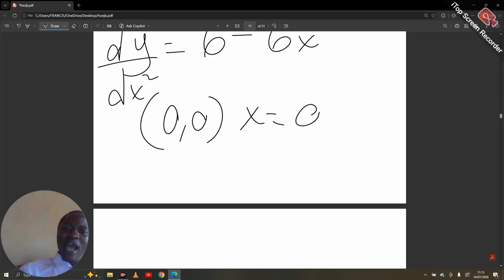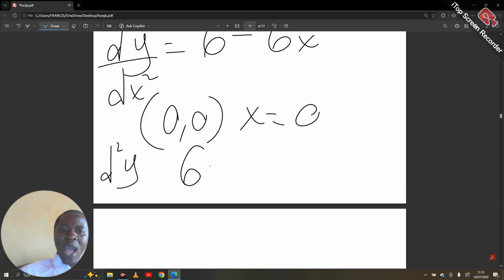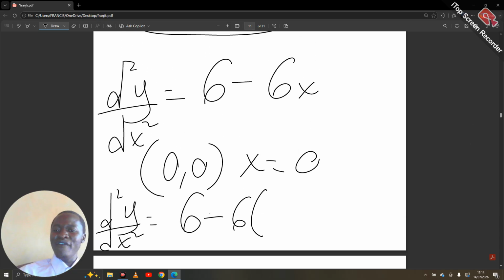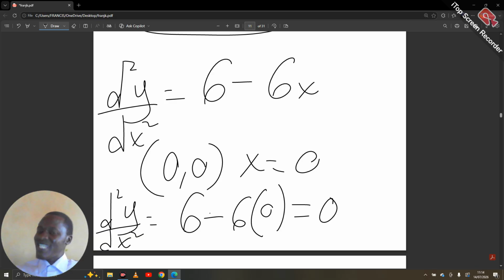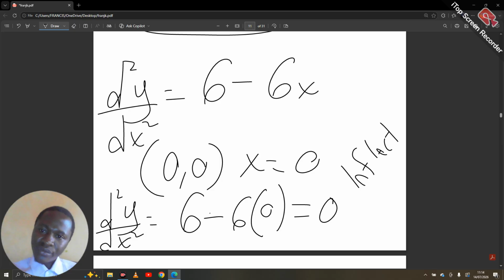Now d squared y over dx squared is equal to 6 minus 6 into, instead of x, we substitute the x which is 0. What will be our answer? 0. So that means 0, 0 is a point of inflection. So you just write there, inflection.